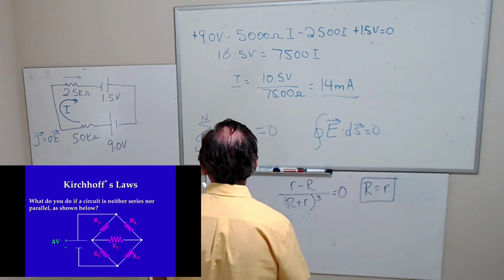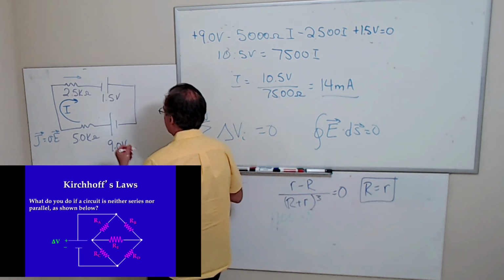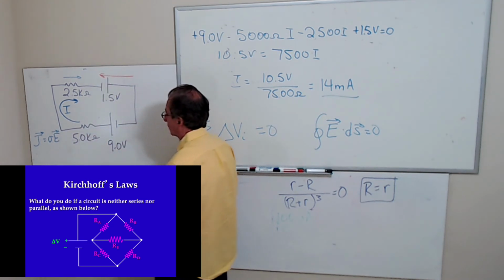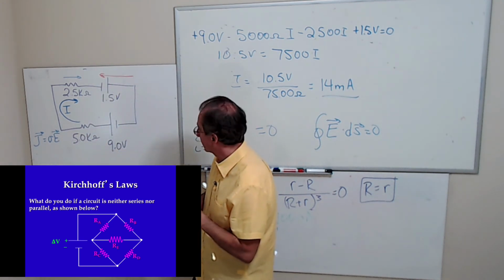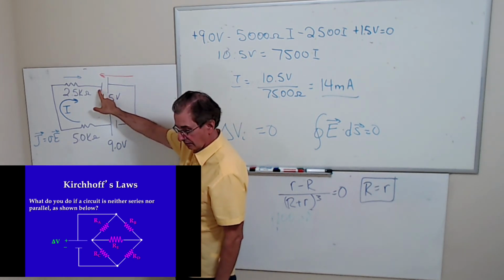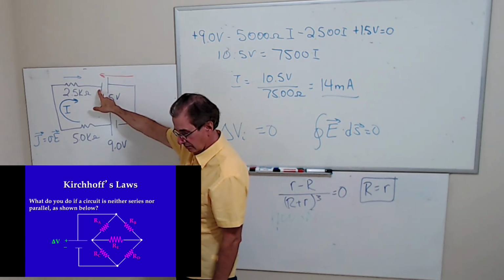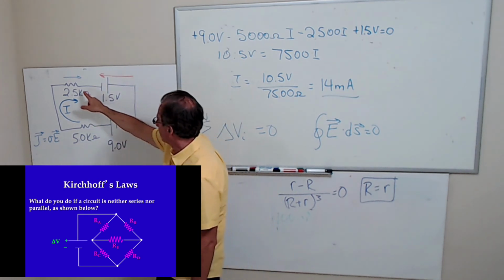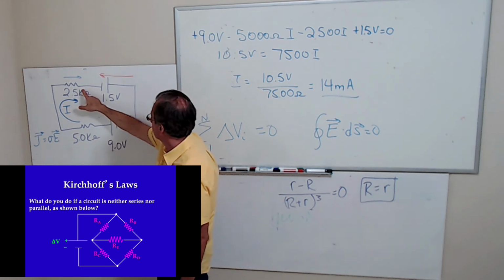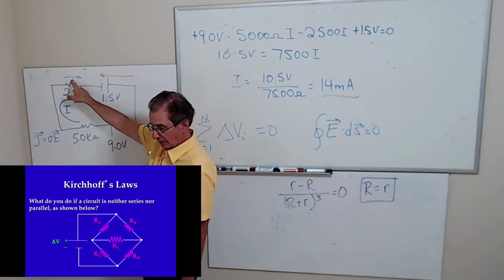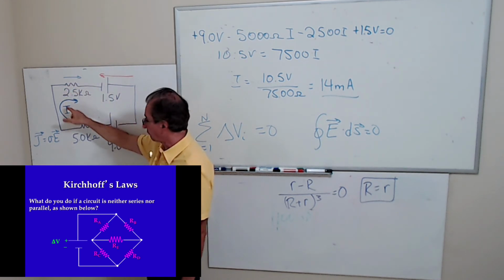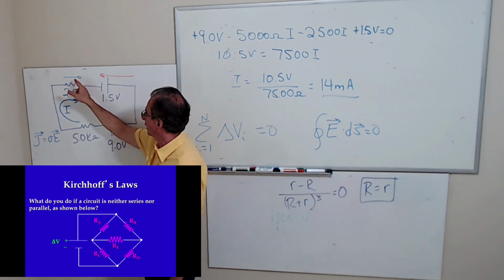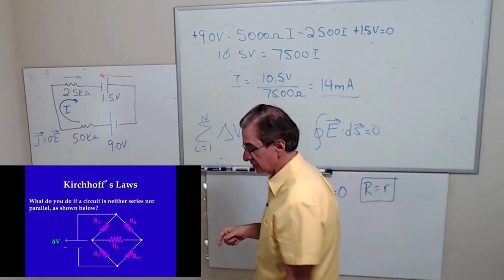Oh, okay, let me do that then. If I say the current this way and I sum that way, I go from positive to negative, right? Isn't that a drop? And then when I reach this resistor, I'm going against the direction, because I defined the current to be that way. So isn't it true that if I go against the direction of the field, the potential increases?